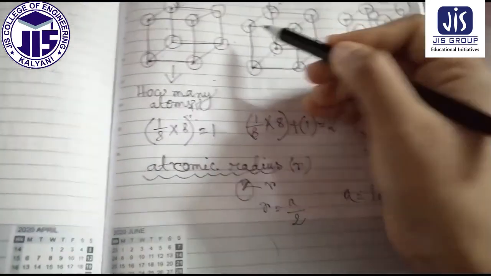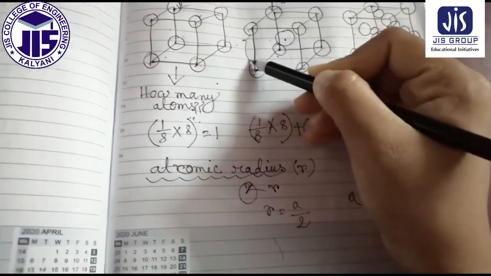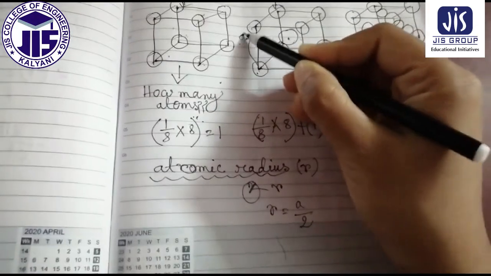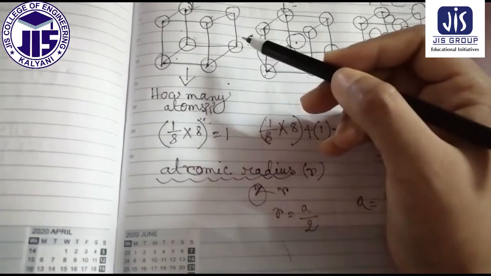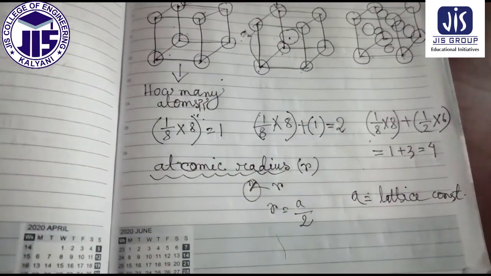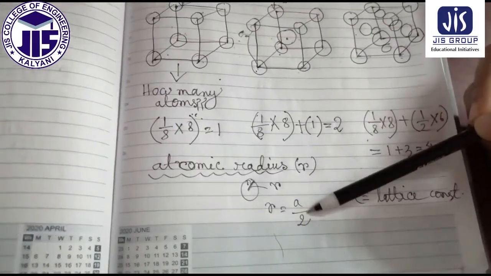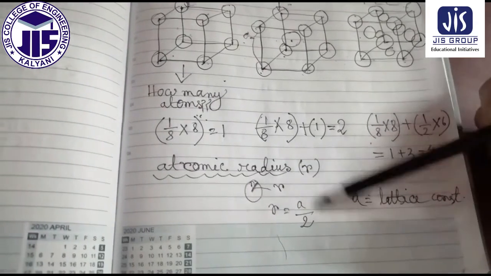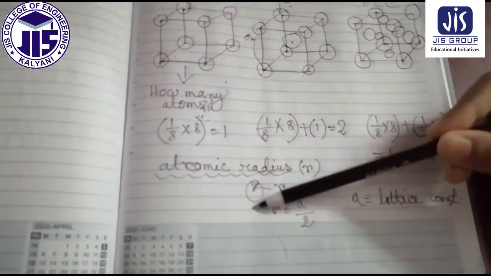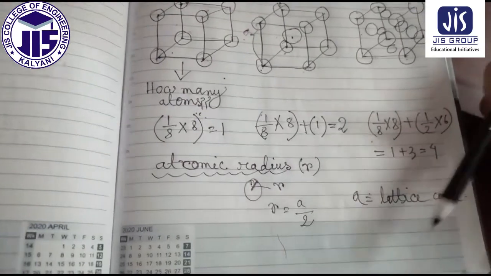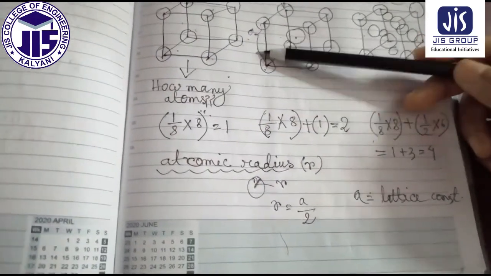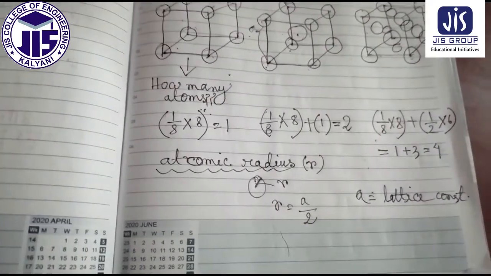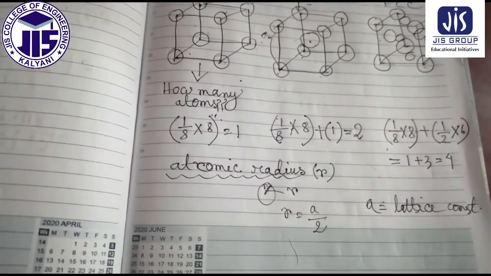Then if it is A, then A will be called the lattice constant and A equal to 2R. This is a relation. So R is the atomic radius and A is the lattice constant, where A is the length of the edge of each unit cell.